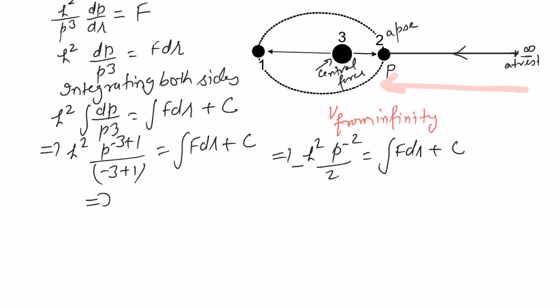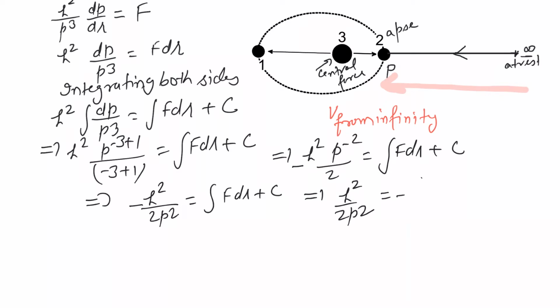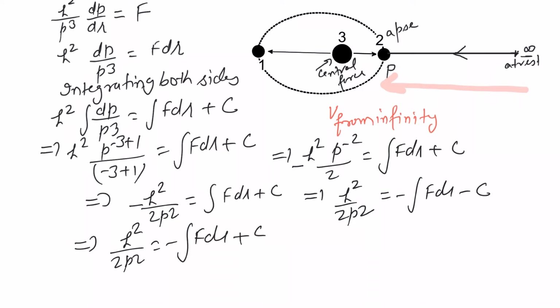This further implies h squared by 2p squared is equal to minus integral f dr plus c1, where c1 is assumed as a new arbitrary constant which is equal to minus c.